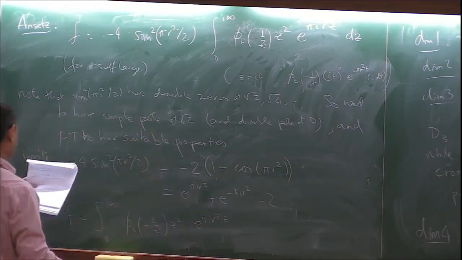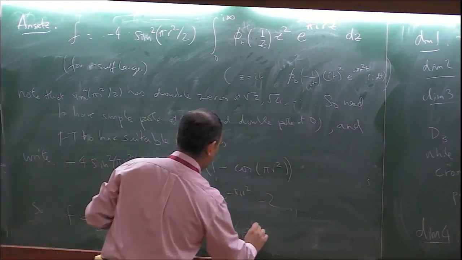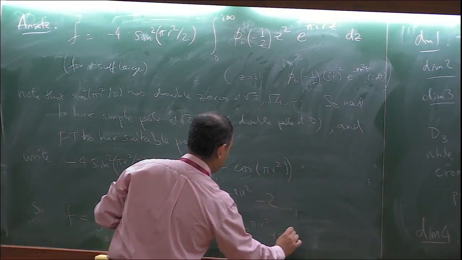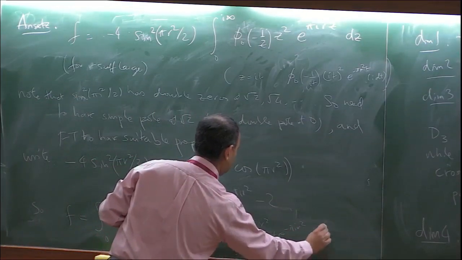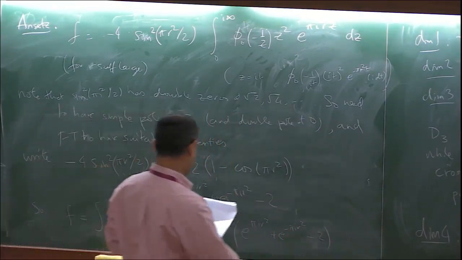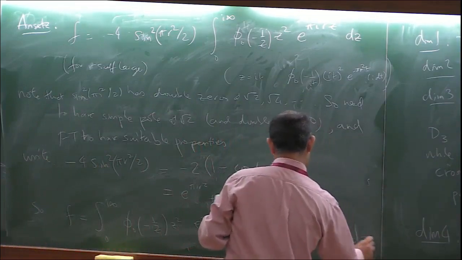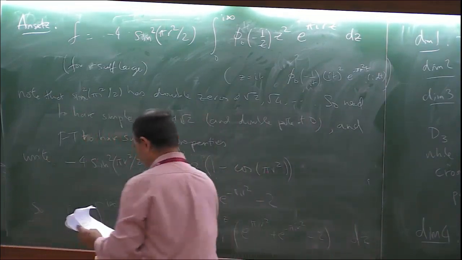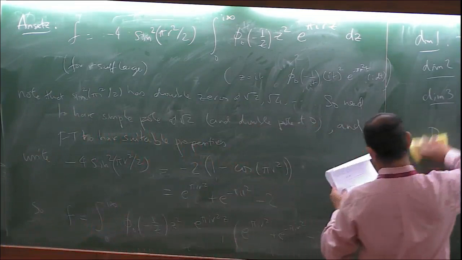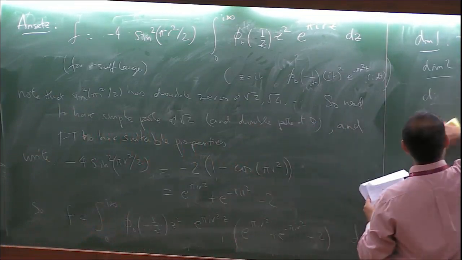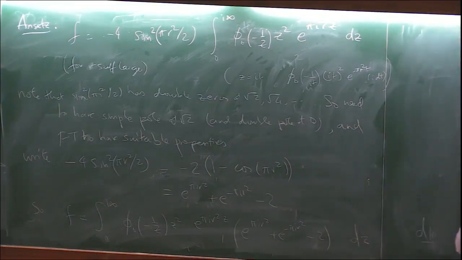That's the stuff that's already there, and then times e^(πi r²) + e^(-πi r²) - 2 dz. Okay, so now let's split this up into 3 integrals, or 3 terms.